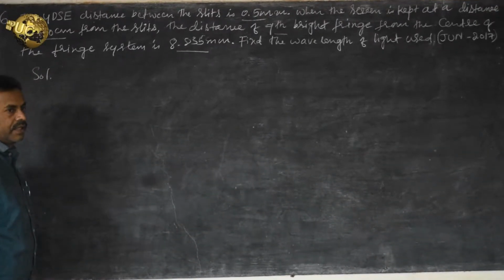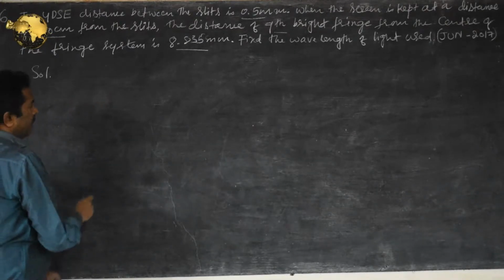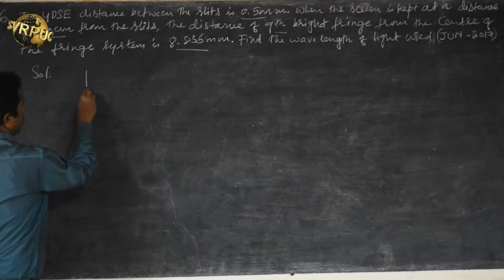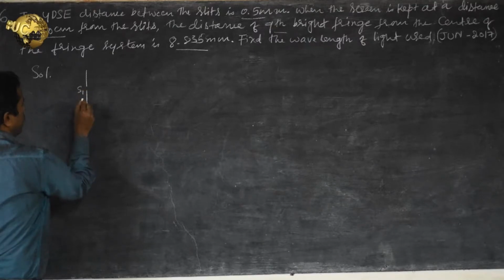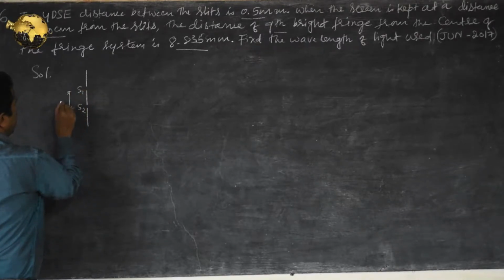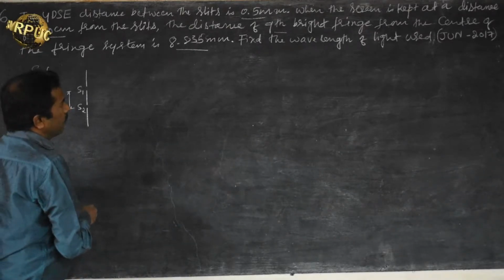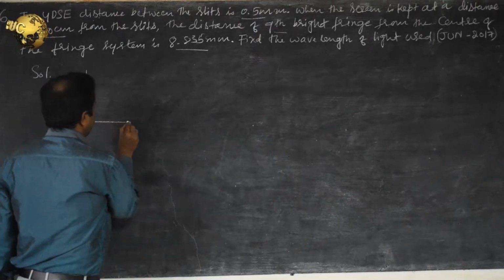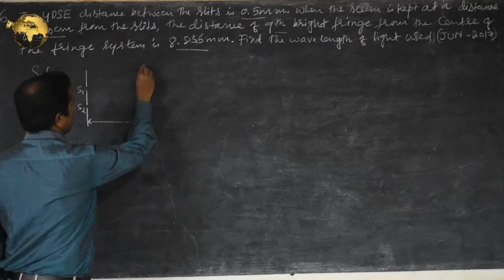Let us write the given data. Here, just draw the diagram. It is a double slit, slit 1 and slit 2. The distance between them is small d. Actually it is given, that is 0.5 millimeter. And at a certain distance from the slits, a screen is placed.